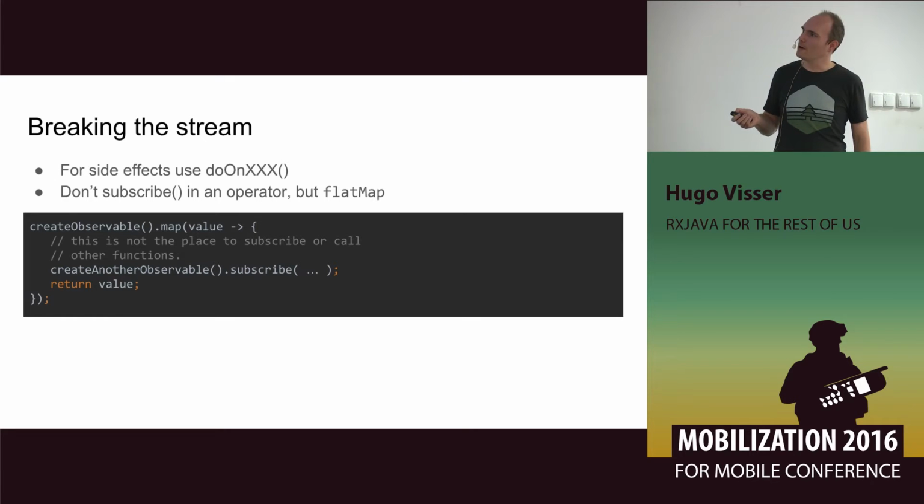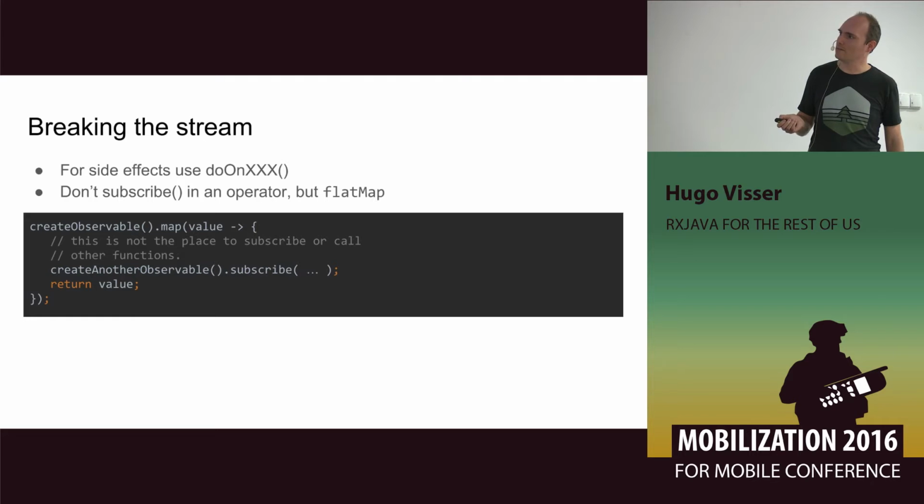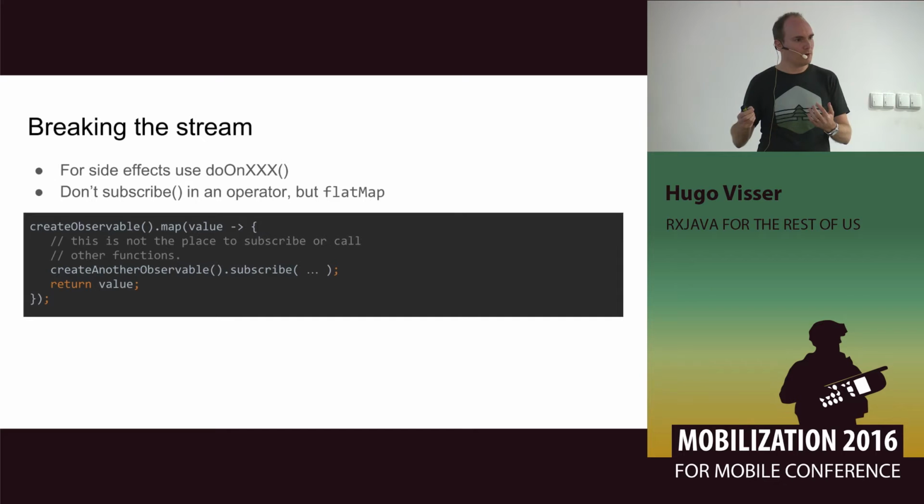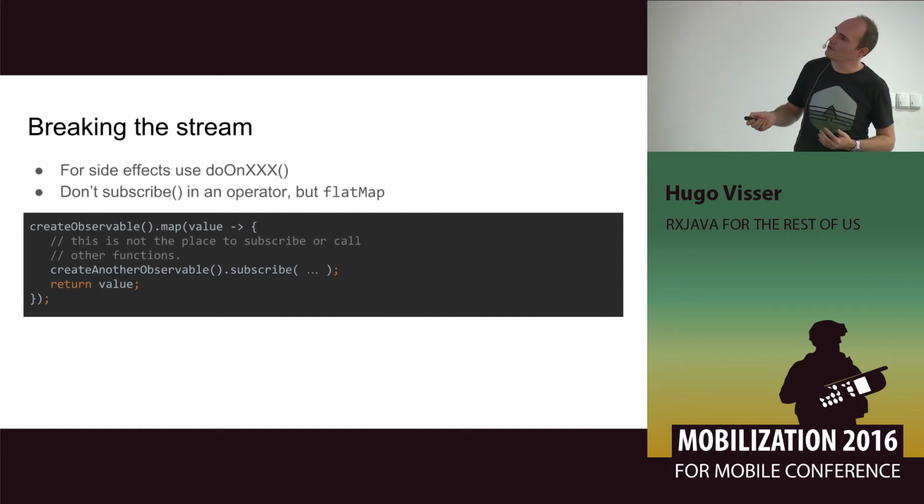But that has all kinds of problems, because you might not keep a reference to the subscription, and also because you're now breaking out of the stream. You should probably, in this case, use flatmap, because that allows you to return a new observable based on a value that you get in. So the observable that you create here, you would then return in flatmap.